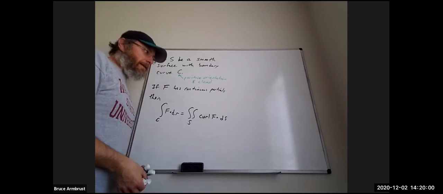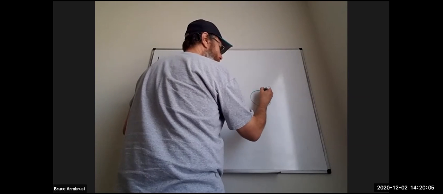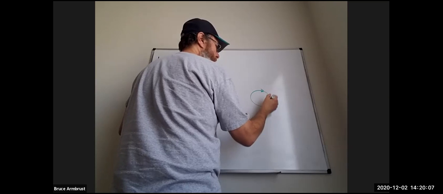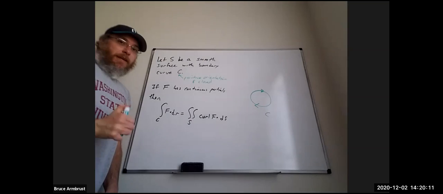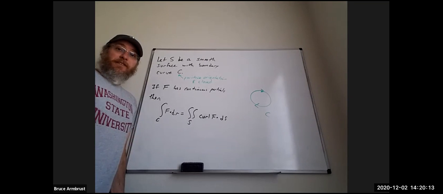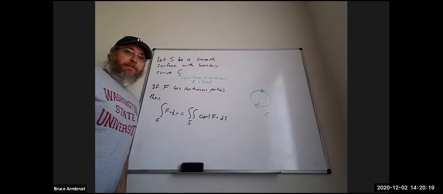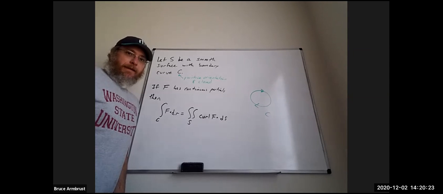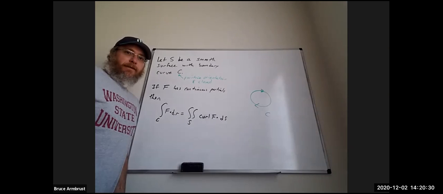Like, go back to that idea of the circle, right? So let's say that this is our boundary curve C. So think about all the different kinds of surfaces that have that same boundary curve. We could go with a hemisphere. We could go with an elliptic paraboloid. We could go with a hyperboloid.